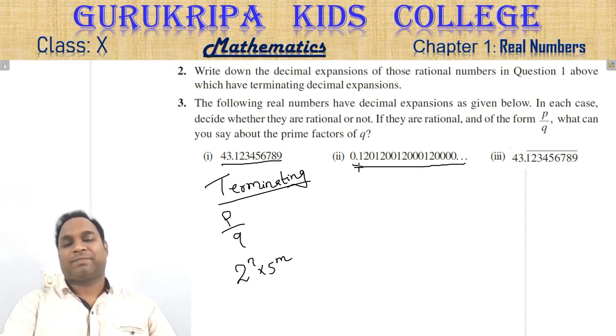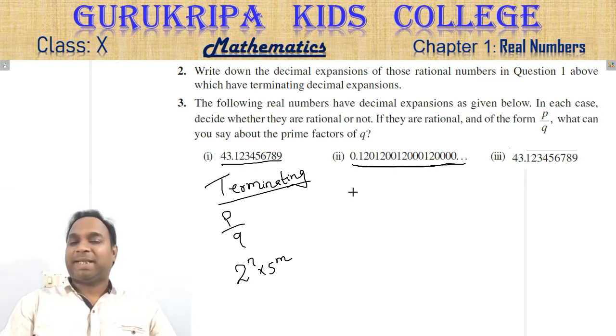This question: 0.120, times 0 and so on. There is no pattern. Can you observe a pattern in this? Yes, there is a pattern that the number of zeros keeps on changing, but there is no repetition of the previous digits.